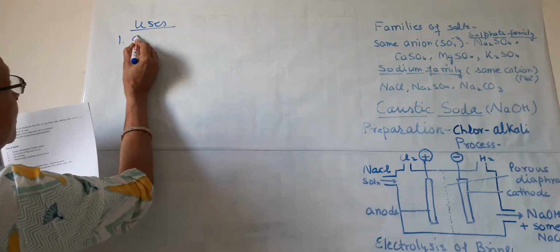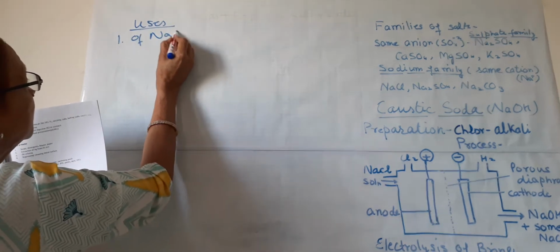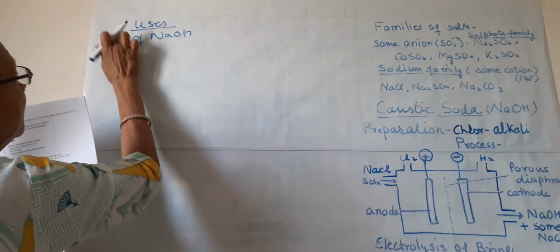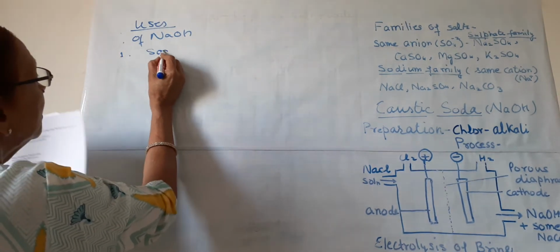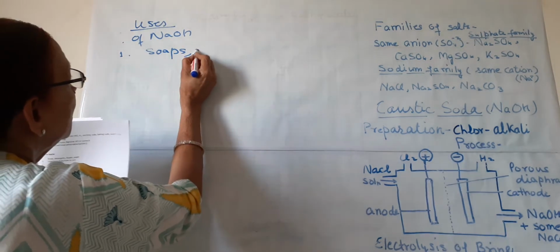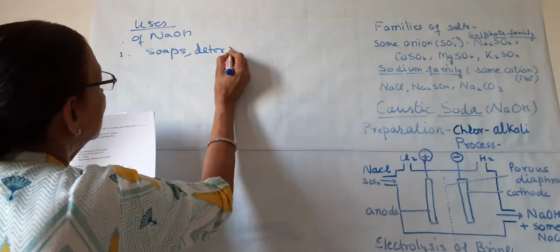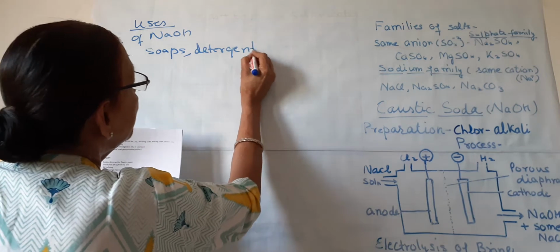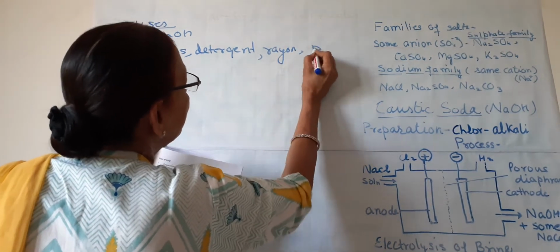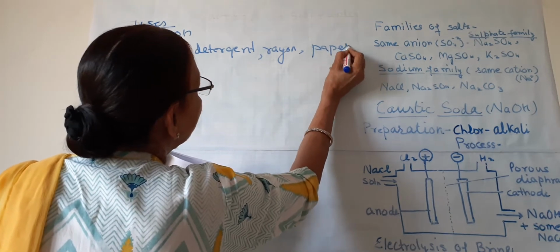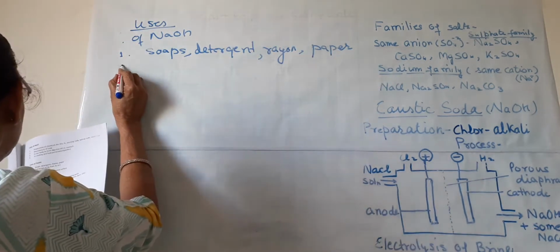Uses of NaOH. Number one, it is used in soaps, detergents, for making rayon and for making paper. These are different uses of NaOH.